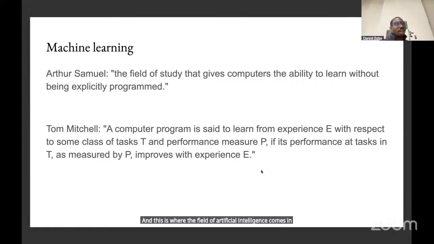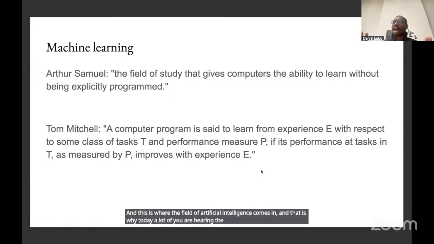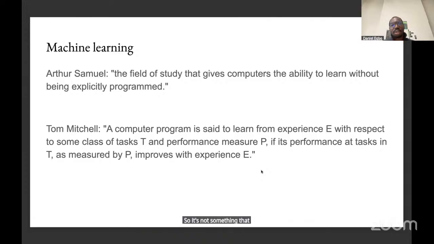And that is why today a lot of you have been hearing the buzzword AI. But AI did not happen overnight. The development of AI has been in the works since the early 1900s. So it's not something that just happened a few months ago or a few years ago.